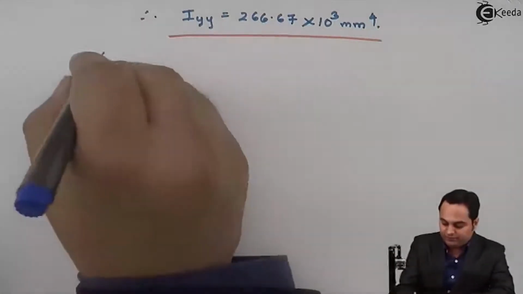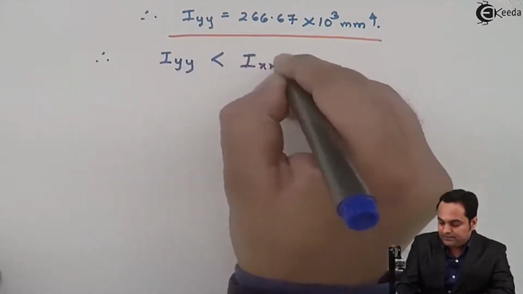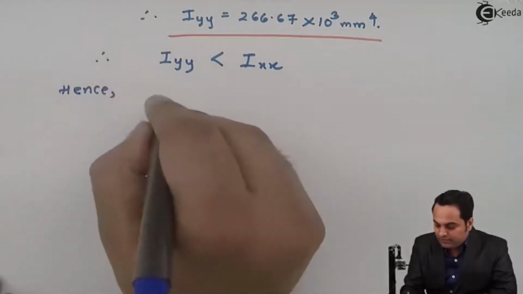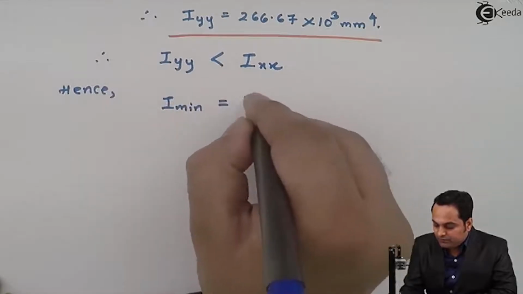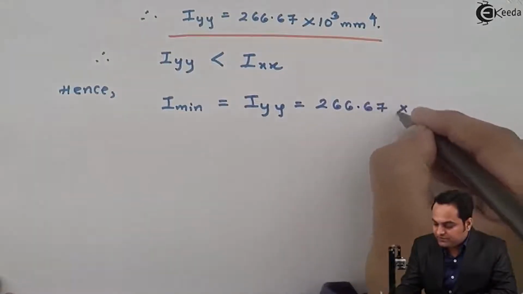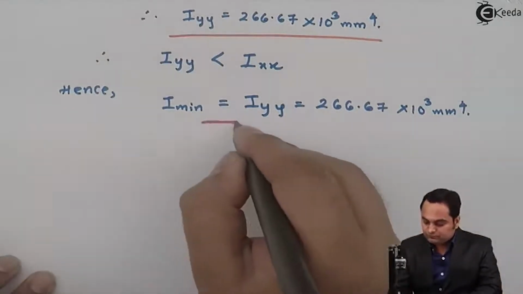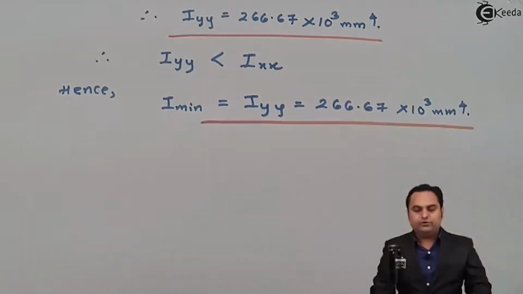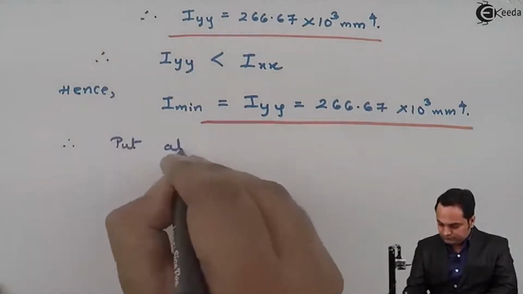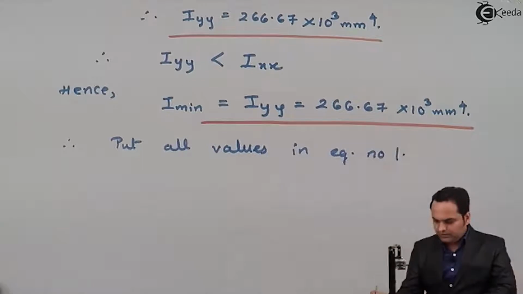So I'll say that therefore Iyy is less than Ixx, so hence I minimum is equal to Iyy, and the value is 266.67 into 10 raised to 3 mm raised to 4. So this value we are going to put in the Euler's formula. I'll say that therefore put all values in equation number 1.